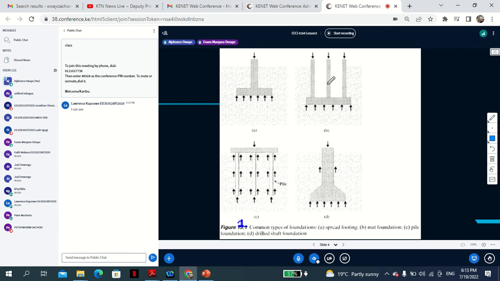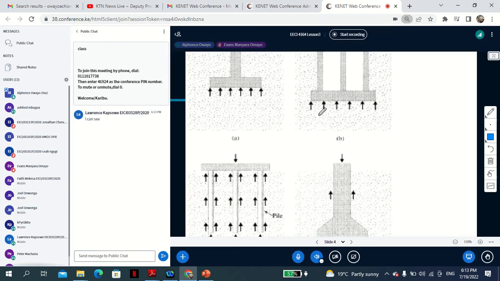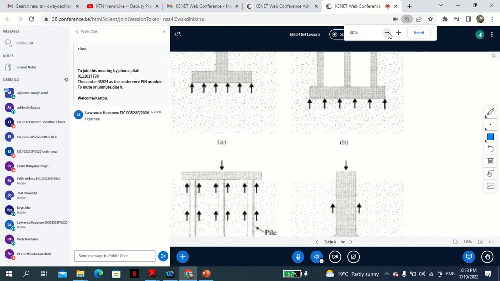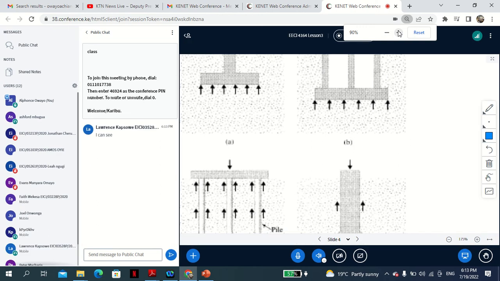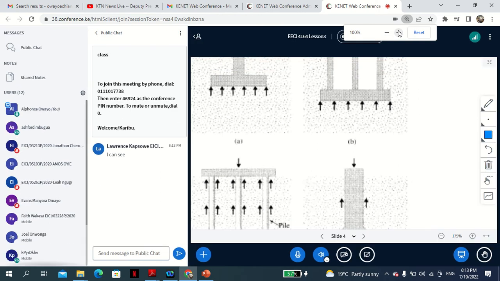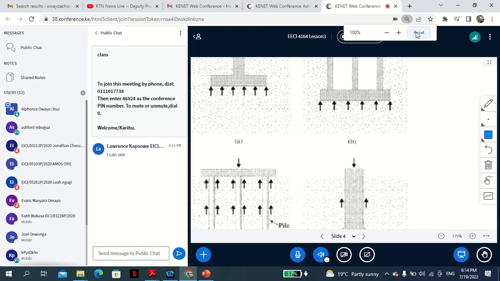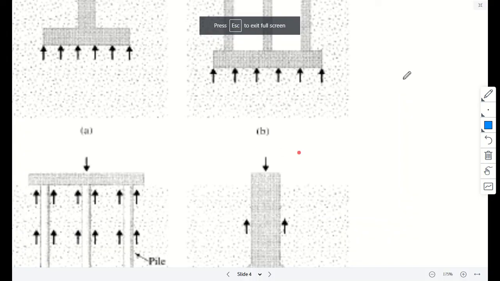Can you see the screen? Yes. Okay. Class rep, is your problem solved?